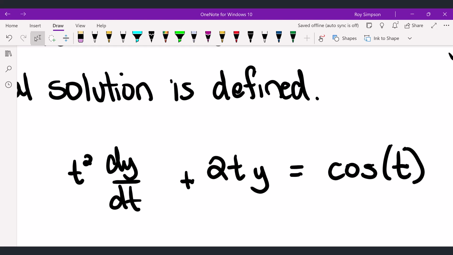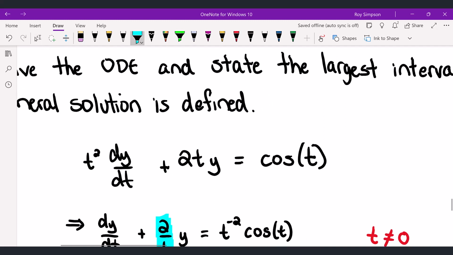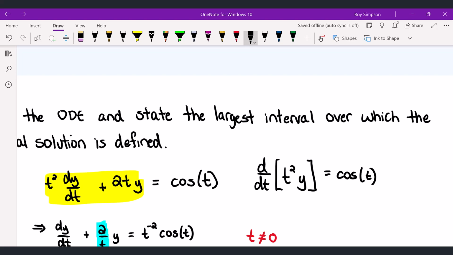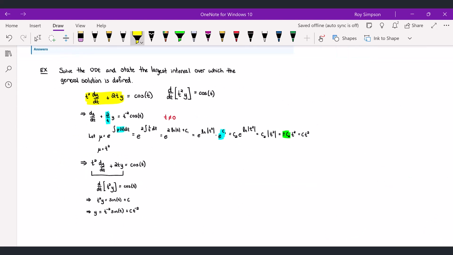If you look at this original differential equation, this left-hand side is already the result of a product rule. It's the derivative of t squared times y. So we could have just started with this. And note that right there is exactly where we arrived after a little bit of mathematics.